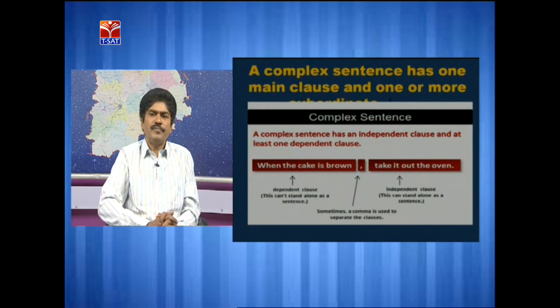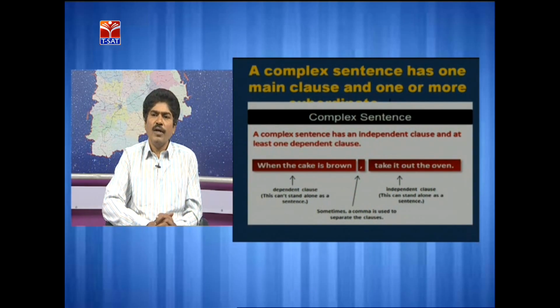A complex sentence has an independent clause and at least one dependent clause.